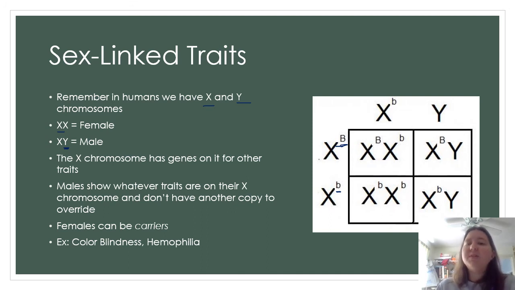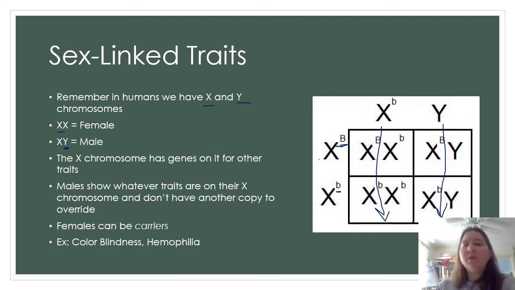So when two people are mating, they have the potential of passing those on. Now, if you're a female, you can only pass on your X chromosomes. If you're a male, however, you're going to pass on an X or a Y. And anybody that gets your X is going to be a daughter. Anybody who gets the Y is going to be a son.